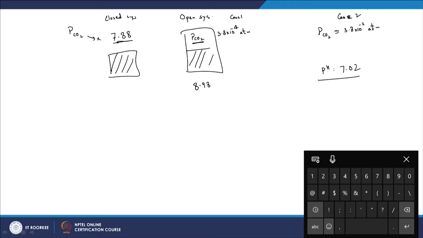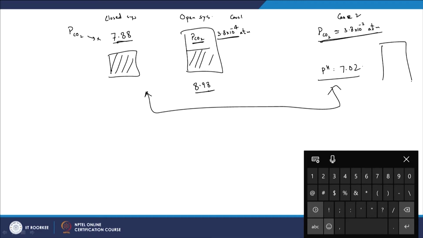So compared to this particular case, what is happening here? In case 1, at 3.8 into 10 power minus 4, we see that CO2 left the system, and that is why the pH increased. But in case 2, when I increased the partial pressure of CO2 to a very high value, 100 times that given in case 1, I see that the pH fell. So what does that mean?